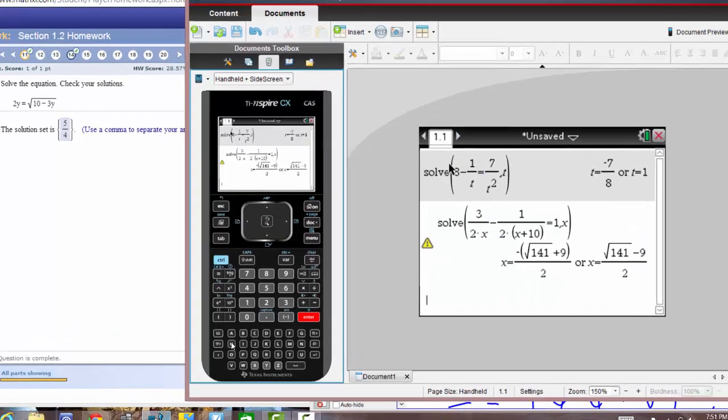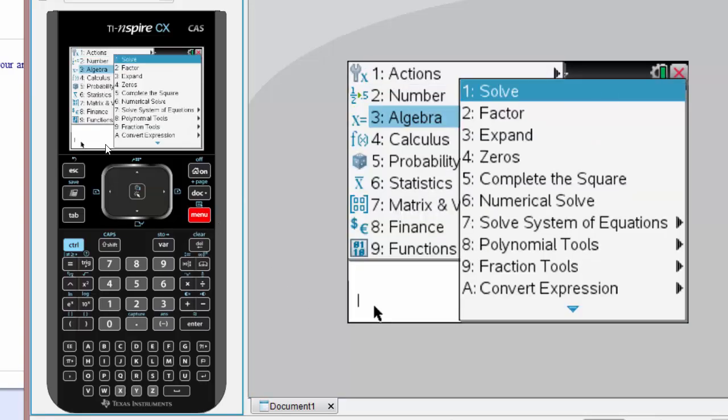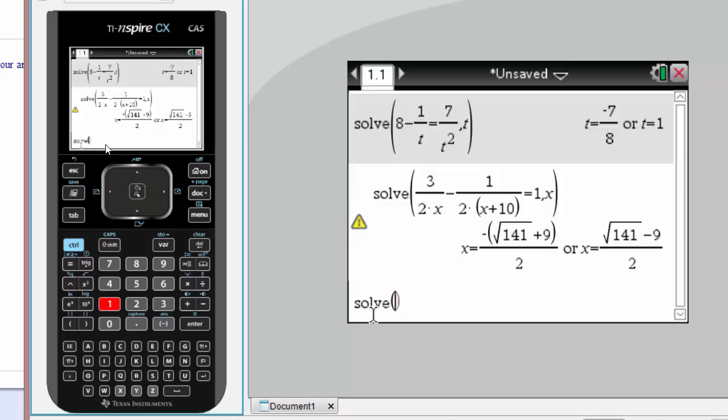And again, it's a solve. It's a simple solve. So everything runs from the menu on the Nspire. I want to do some algebra. I want to solve an equation.